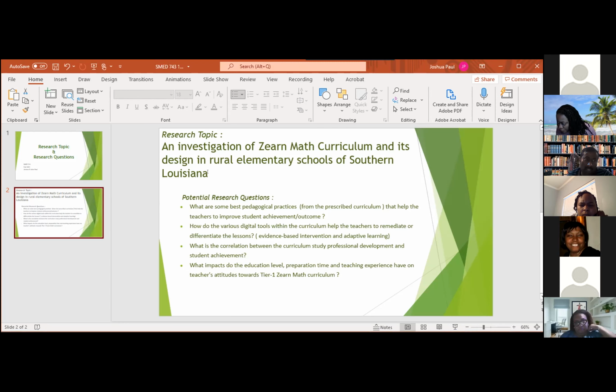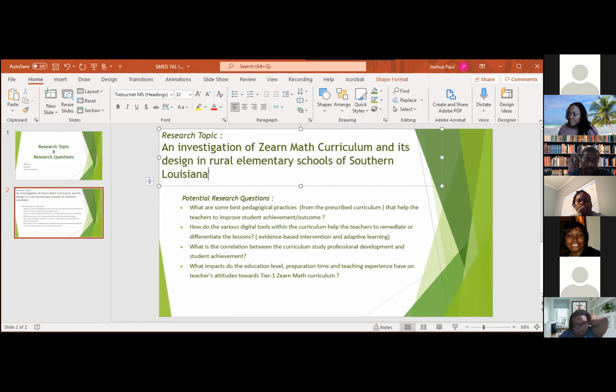The LEAP results came last month, and I could see some connections between the practices that they followed in their classroom and the LEAP results. So I thought I would focus on the curriculum. And even though I'm focusing on curriculum, it is connected with teacher effectiveness and student achievement.